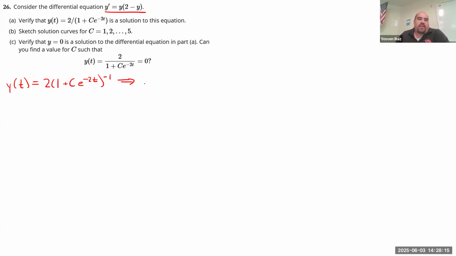If I take a derivative, I get y prime of t equals negative 2 times 1 plus c e to the negative 2t to the negative 2. But then I have to multiply by the derivative of this inner function to follow the chain rule. So that becomes negative 2c e to the negative 2t.